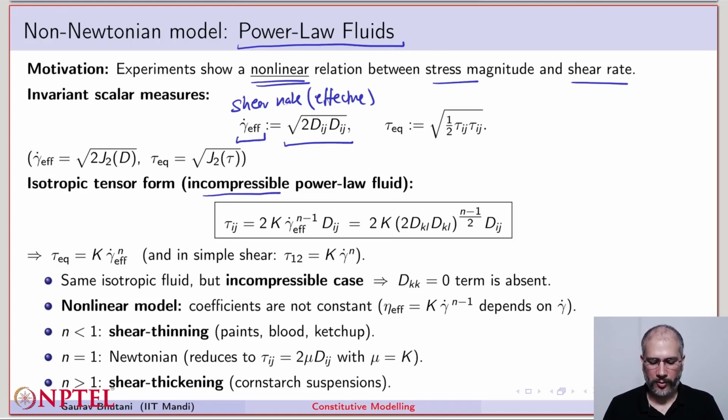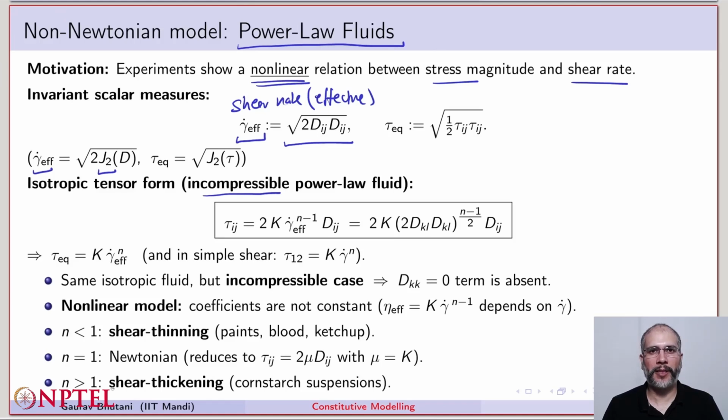So we usually use J2 or gamma dot effective to quantify nonlinearity in power law fluids or nonlinear isotropic fluids. So this basically allows us an invariant or just one unique quantity that we can calculate from the rate of deformation tensor, and that helps us specify the viscosity of the fluid.